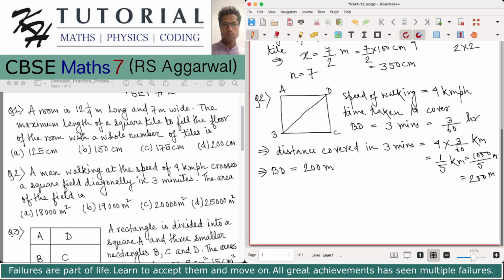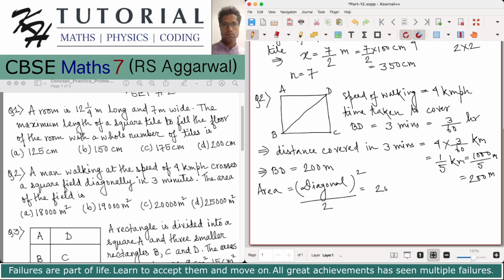And it is a square. So it is asking the area of the field. We know that for a square ABCD, area of a square is equal to diagonal square by 2. This is a formula you must remember, that for a square, area is equal to the length of the diagonal squared, divided by 2. So in this case, the diagonal is 200.